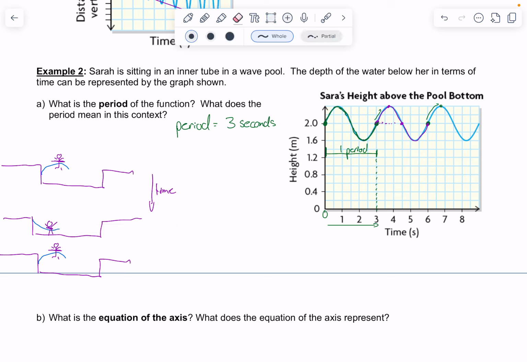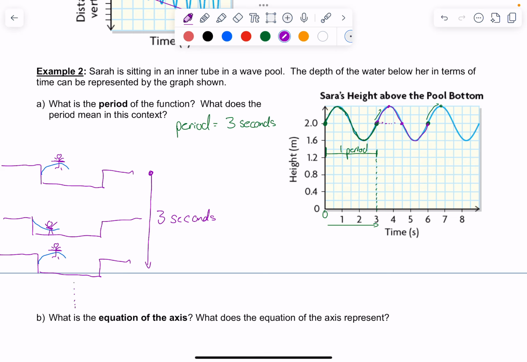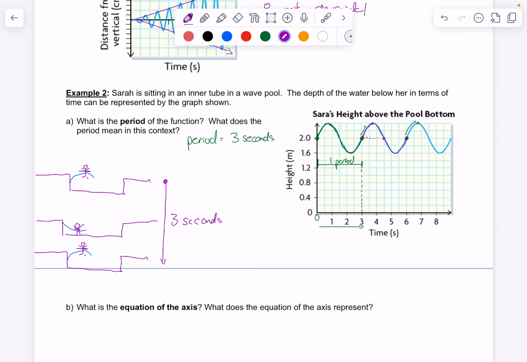It takes 3 seconds to go from her height. She goes down and then she comes right back up. This whole thing takes 3 seconds to occur, right? Because it's just a pattern. So from this point, she would go down again and then come back up. And she'd go down again and then come back up, assuming that the machines never break down. So the period is 3 seconds.